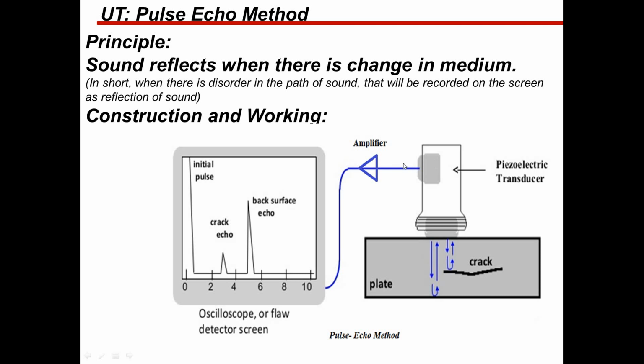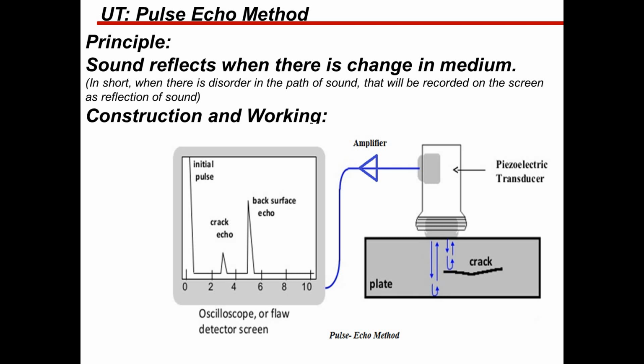The wave is sent through this material, that is the specimen. Whenever it does not encounter any disorder, we will get this first peak, and this first peak is from the front side, whereas this peak is from the back side of this specimen.